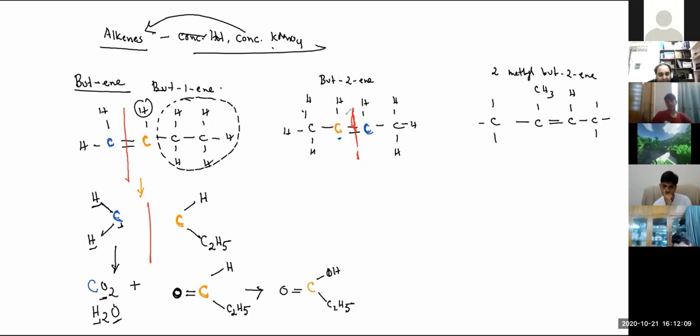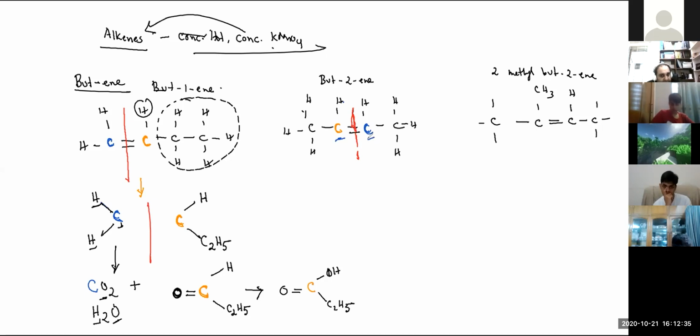The orange carbon is linked to a hydrogen and an R group. So what is it going to get oxidized to? It's going to be oxidized to an aldehyde, and then further oxidation gives carboxylic acid.